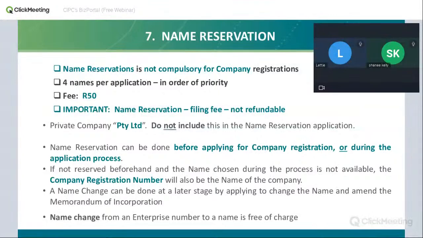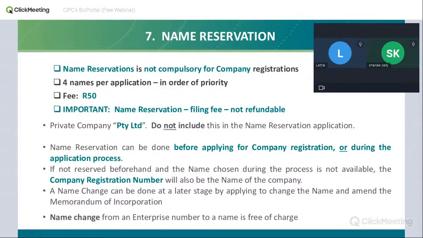Name reservation is not compulsory for company registration. You can give 4 names per application in order of priority. The fee is 50 Rand, and it's important to note that the name reservation filing fee is not refundable.